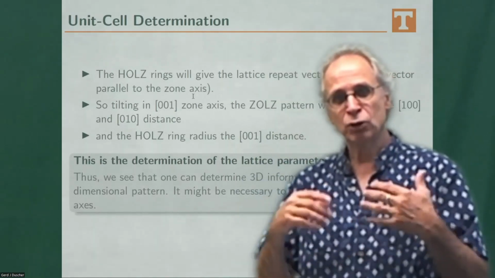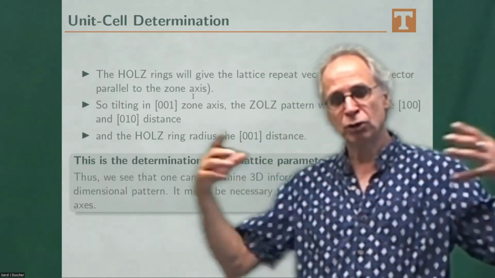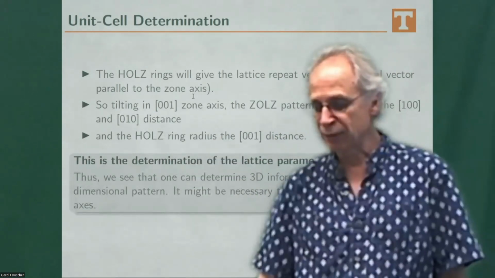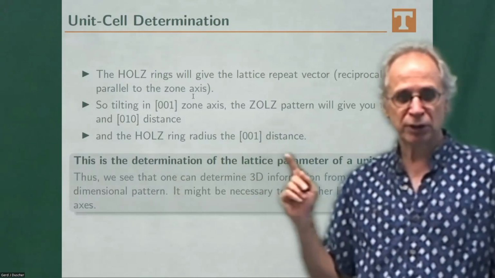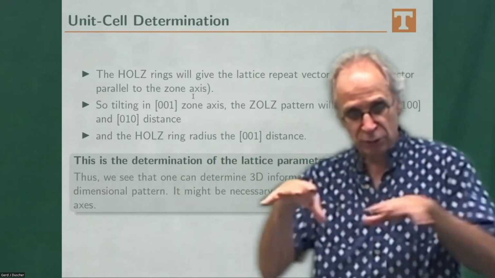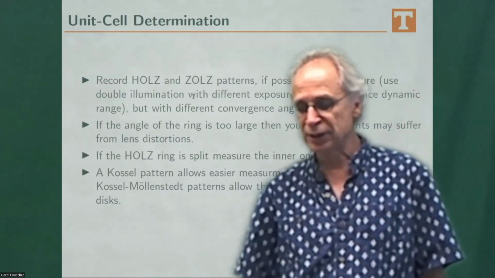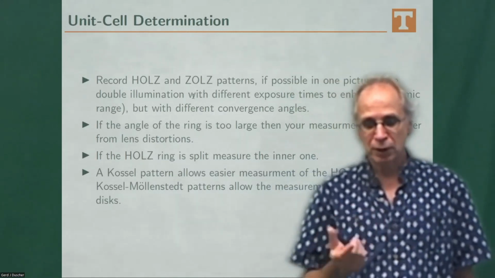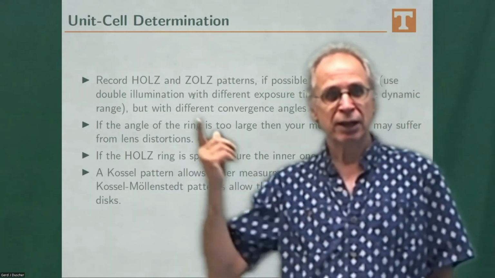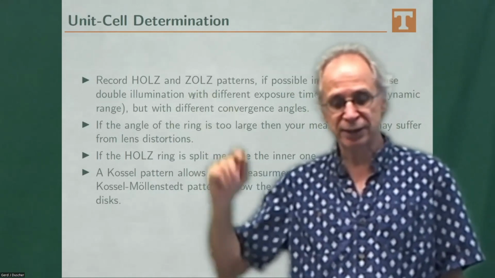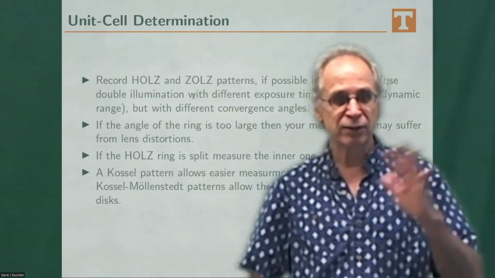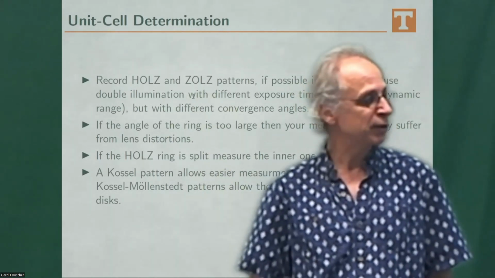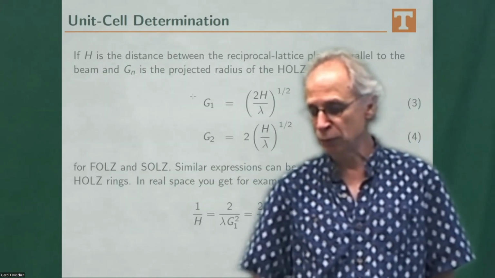If we want to use all higher order Laue zones as a ring, we get the third dimension of our lattice parameter, not only x, y, right? We talked about that. And so we record the HOLZ and the ZOLZ pattern, both of them. That is normally not done in 4D STEM, but it's very useful.